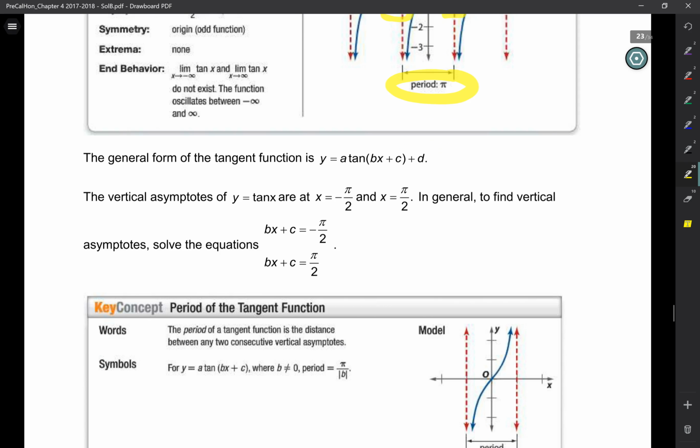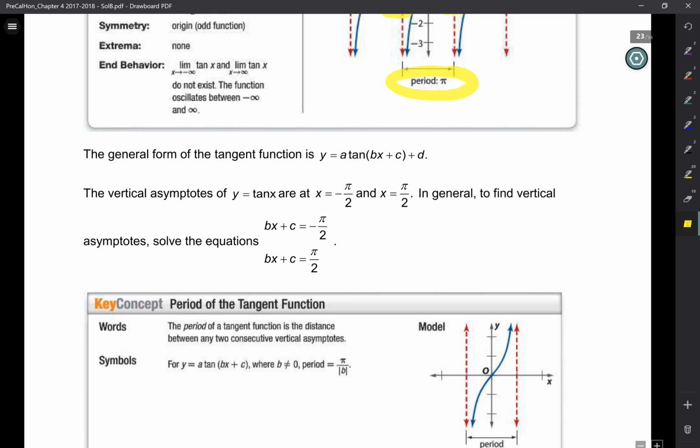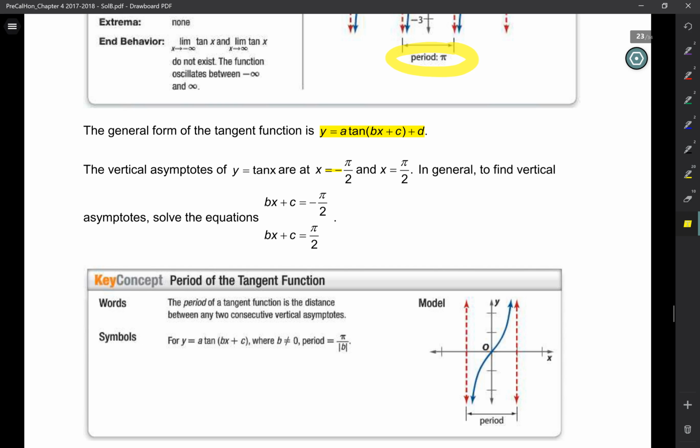Now, the equation for the tangent looks similar to what we had before, right? You see that you've got your A, your B, your C, your D, and each of those has the same purpose in the equation. Okay? Now, how would we figure out where the asymptotes are? Well, for the asymptotes, we have to solve for x equals negative pi over 2 and x equals pi over 2.